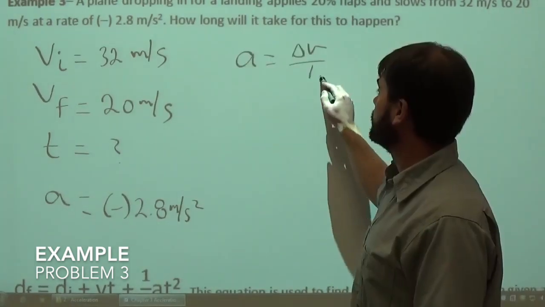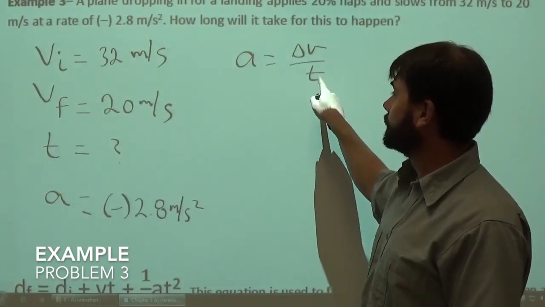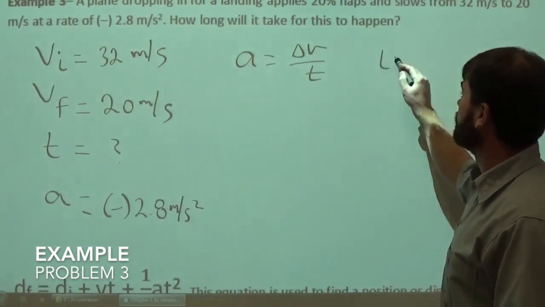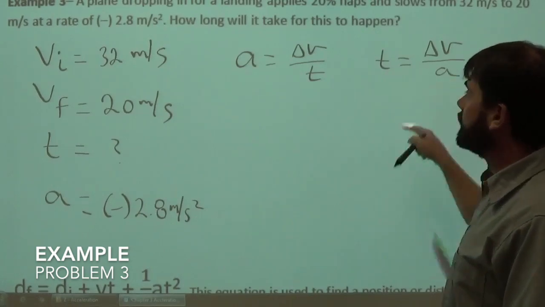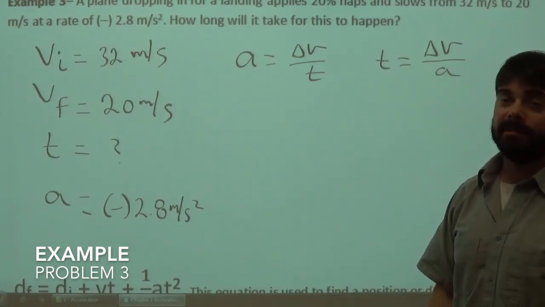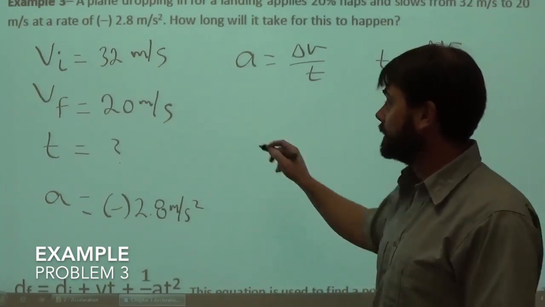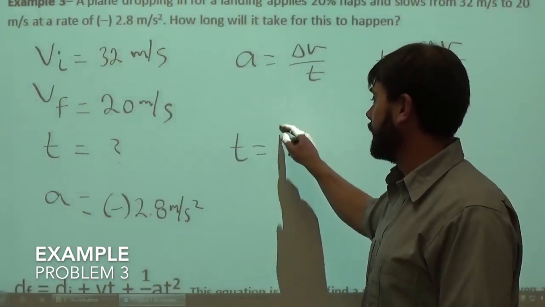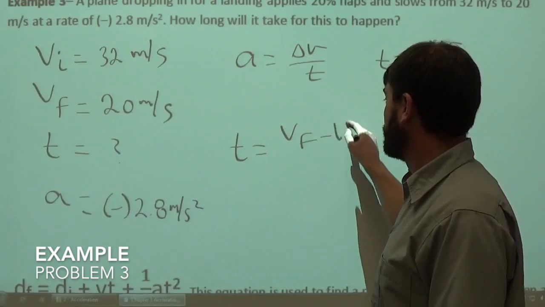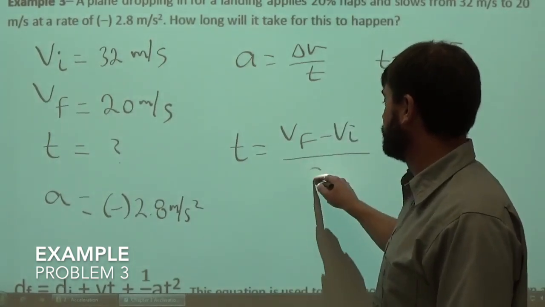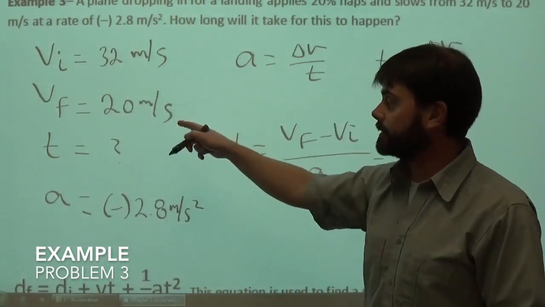So change of velocity over time, we're going to be solving for time, so we're going to move this over here. Time is equal to change in velocity divided by acceleration. So it's your base acceleration equation just rearranged. Plug it into the equation that we got: velocity final minus velocity initial divided by acceleration.